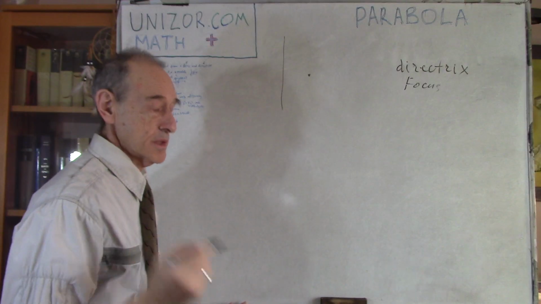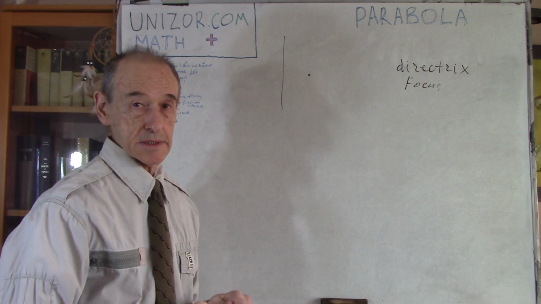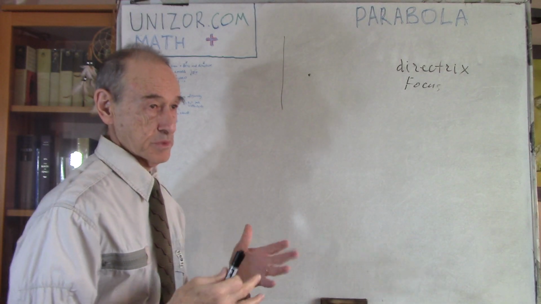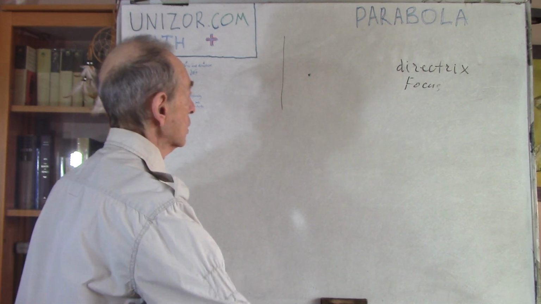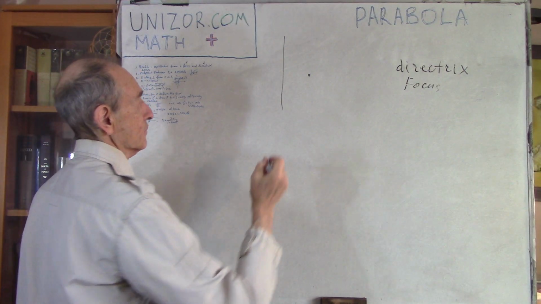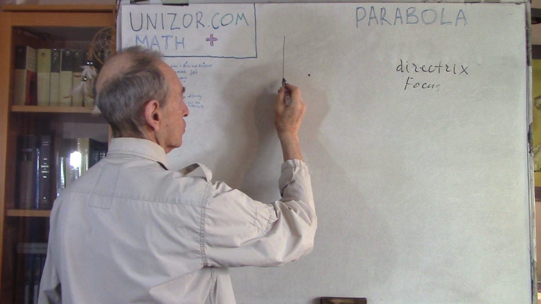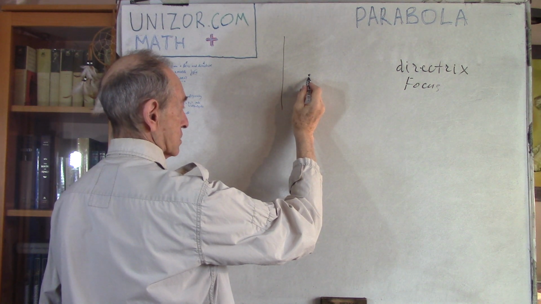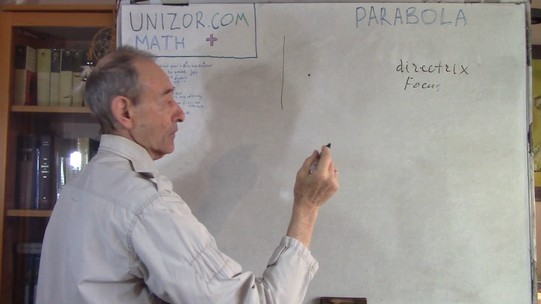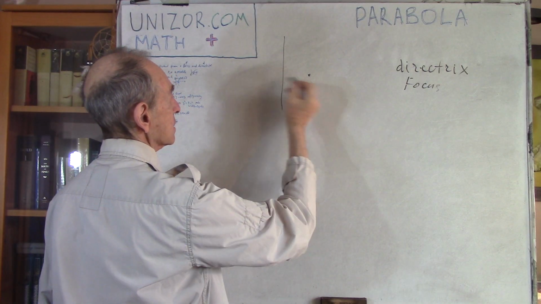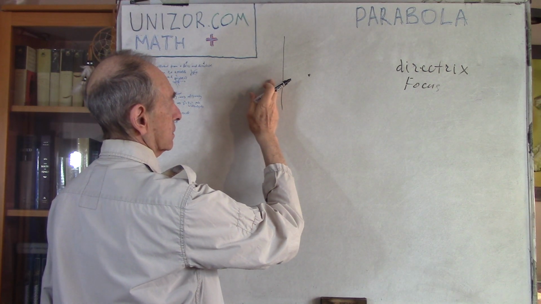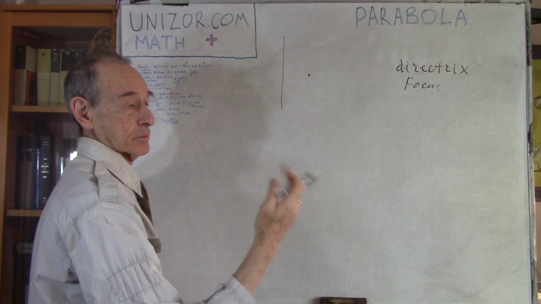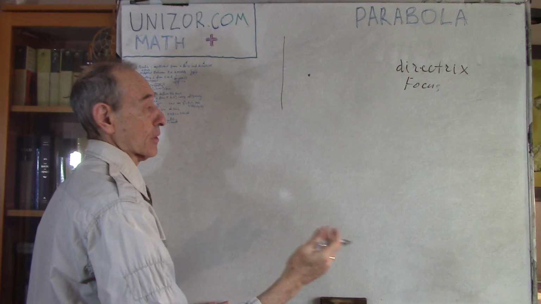So the parabola is defined as the locus of points, which means all the points on the plane which satisfy the following property: the distance to this directrix and to the point, which is the focus, is the same. So all the points equidistant from a line and a point belong to the parabola, or make up a parabola.